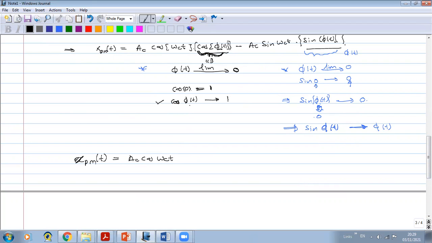So this cos 5t is 1, so it is 1 minus Ac. Here sine 5t is 5t, so we can write it as 5t and sine omega c t. So we can write this, correct?